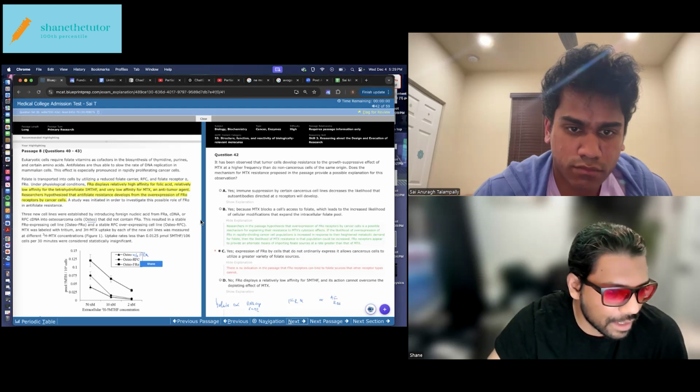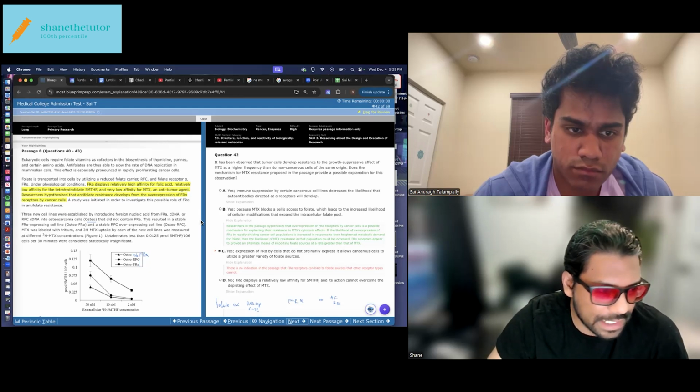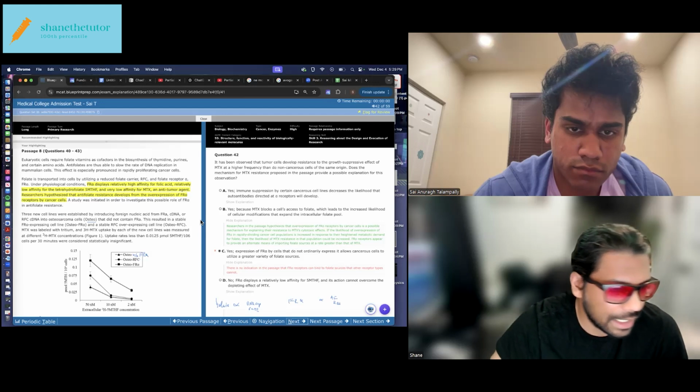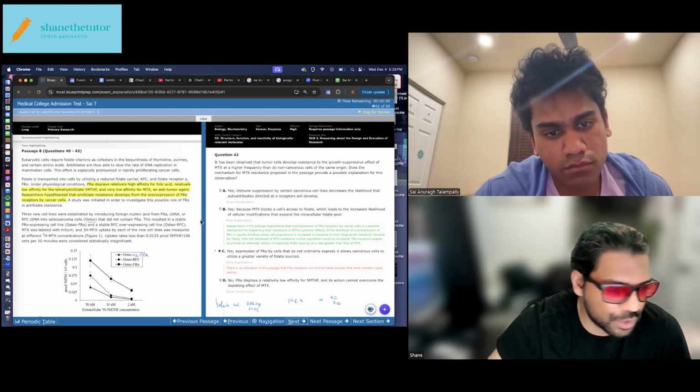And that MTX, which is an anti-tumor agent, was labeled with tritium.